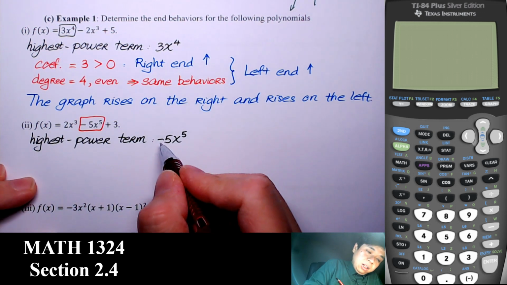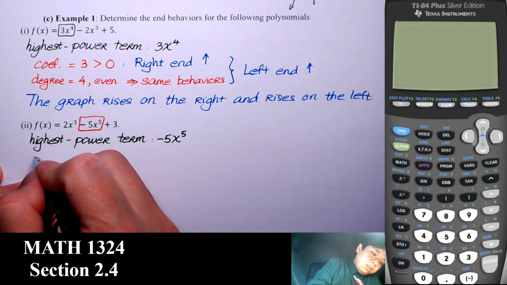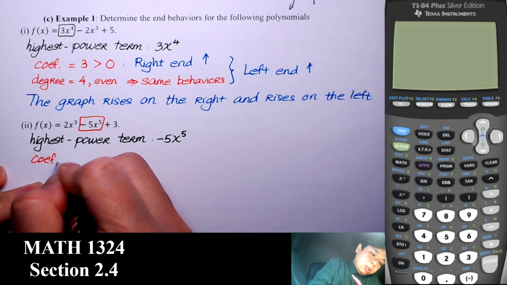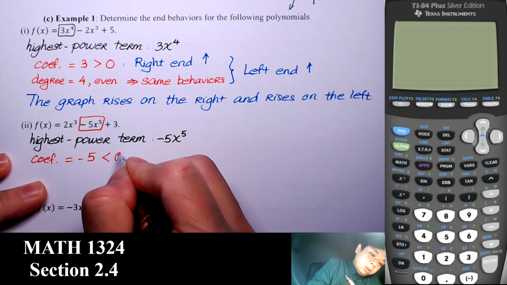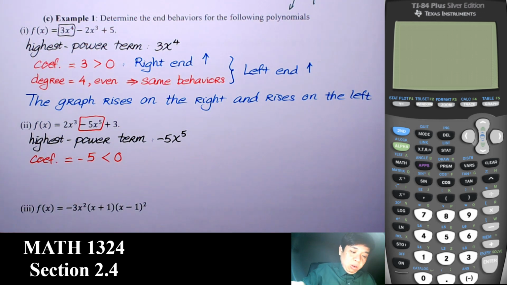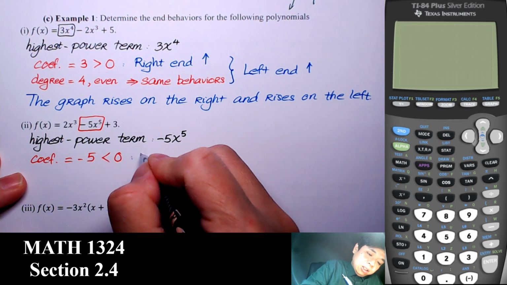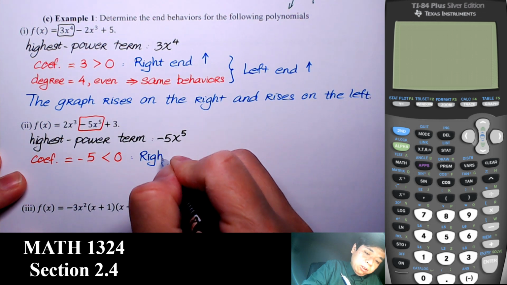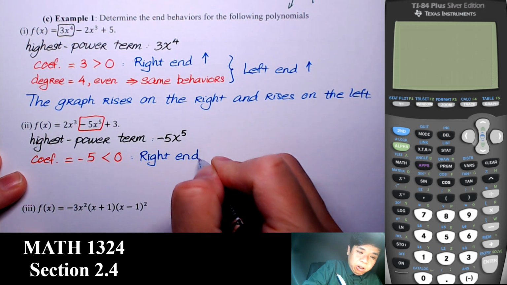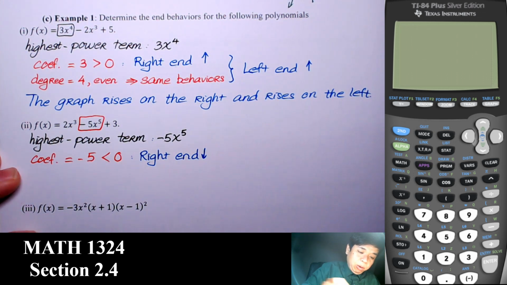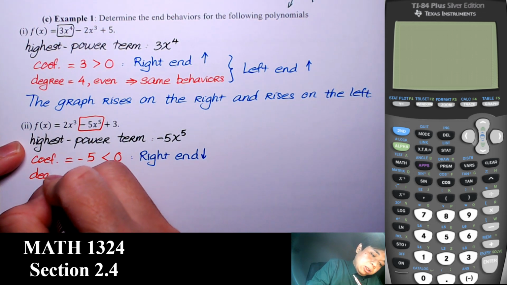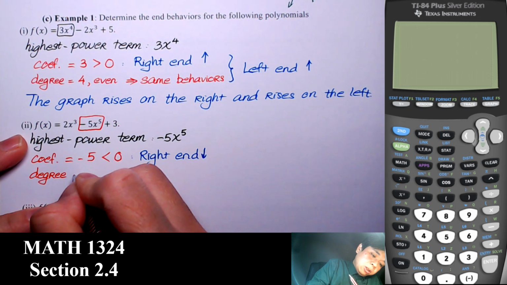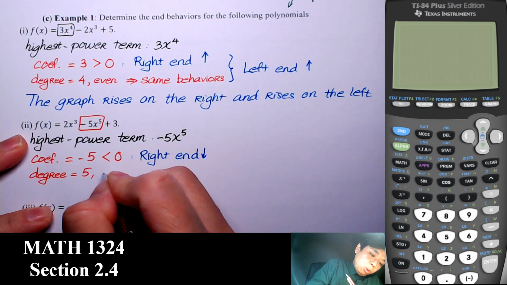And so for that, first the coefficient is negative. If it's negative, the right end will go down. So focus on the right end first, which goes down. And now we focus on the degree, which is odd.